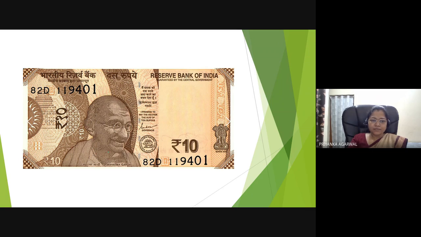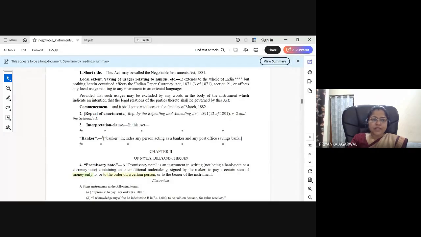Okay, let me see. It extends to the whole of India, but nothing herein contained affects the Indian Paper Currency Act.